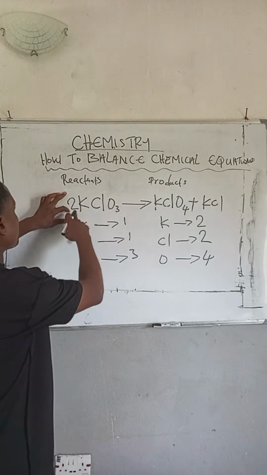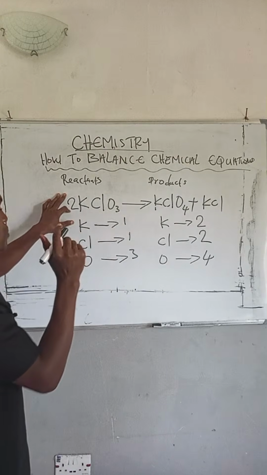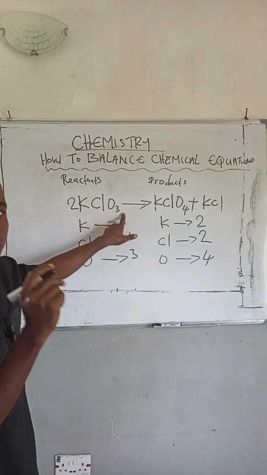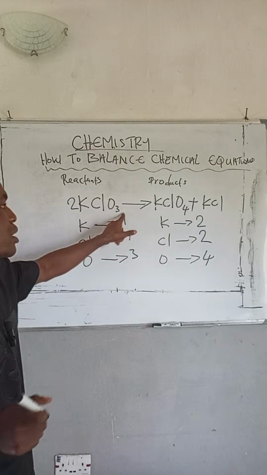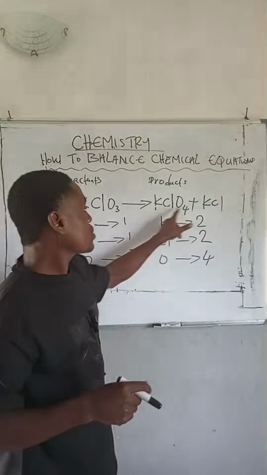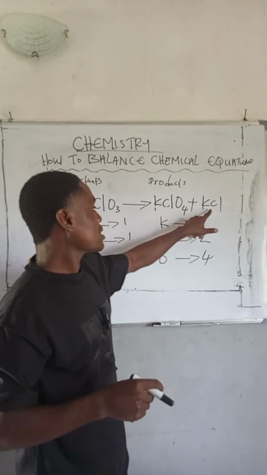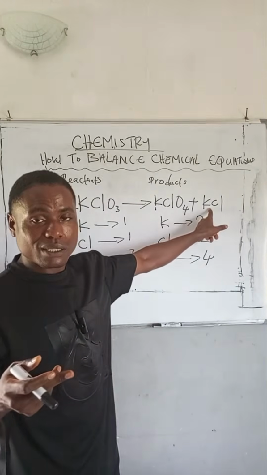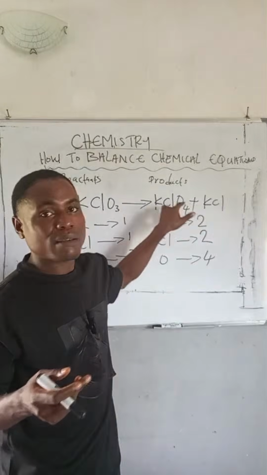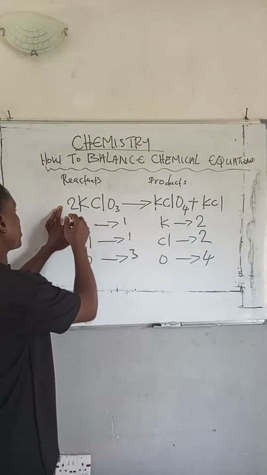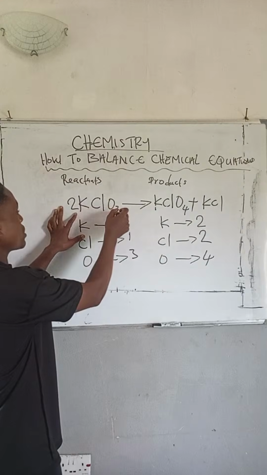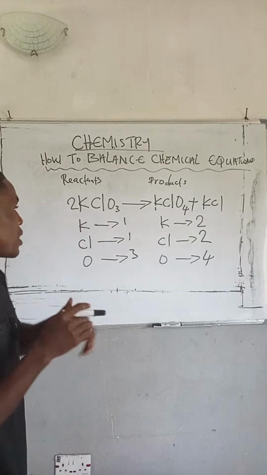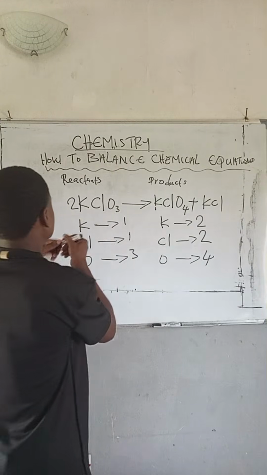When you have a coefficient and an atom, please take note, you are multiplying. But if it's this way, where you have two of the same elements, you are adding them together. But in this case, where you are using the coefficient, you are multiplying them together.